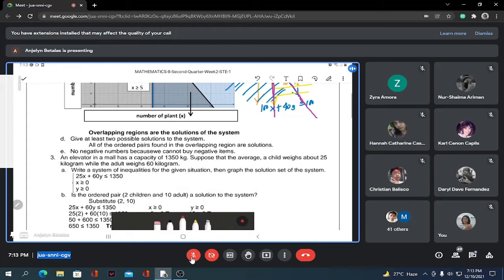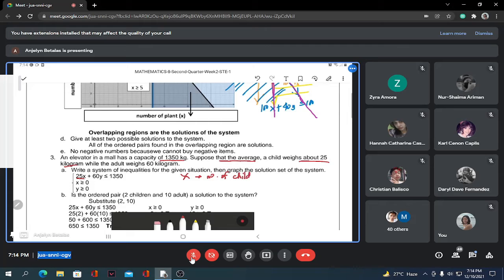So, an elevator in a mall has a capacity of 1,350 kilograms. So, that is the total. Suppose that the average child weighs 25 kilograms. That is just the average. So, we have 25x, where x is the number of children.